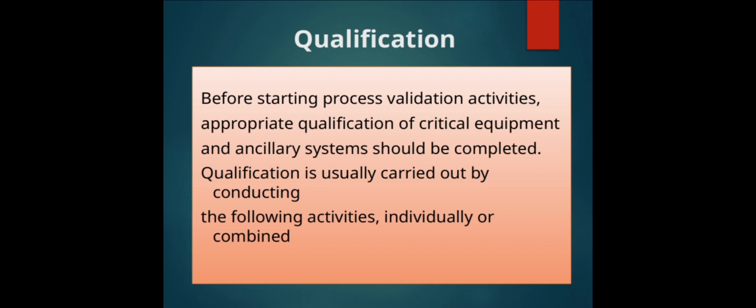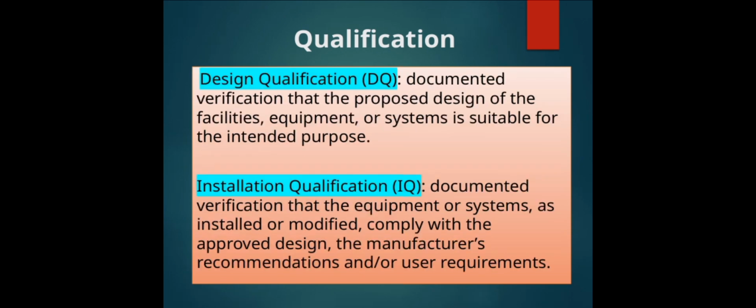These activities include design qualification, installation qualification, operational qualification, and performance qualification. Each of these steps plays a vital role in confirming that the equipment and systems are suitable for their intended use. By thoroughly completing these qualification steps, we lay a solid foundation for successful validation and ultimately ensure the quality and safety of our processes.